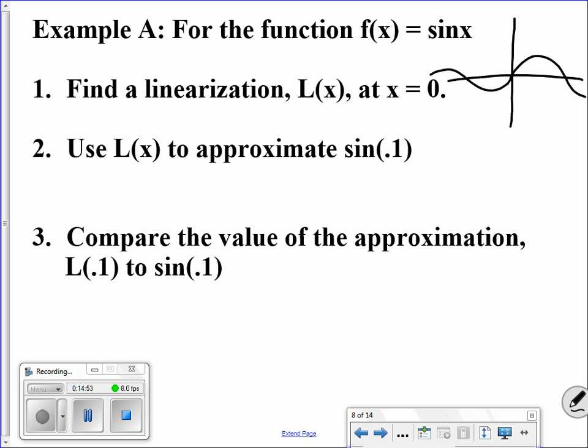And the first thing we're asked to do is to find a linearization, L of x, so write the equation of a tangent line at x equals 0. Now, you already told me what the sine of 0 is, so you know the y coordinate is 0. We just have to write the equation for the tangent line.